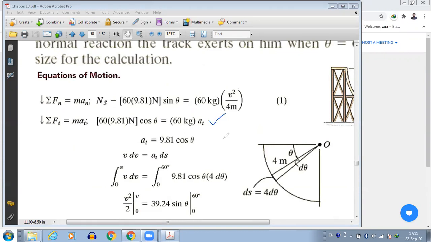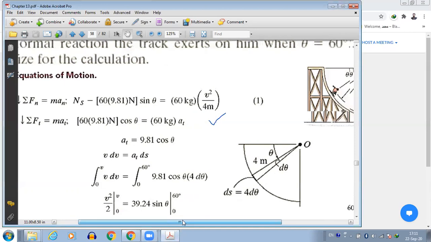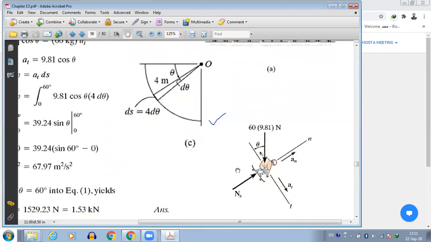Let's move ahead and see the other equation, which is in the normal direction. In the normal direction, we have two forces: N_s and a component of the weight in the normal direction. N_s will be in the positive direction. And what about the component of the weight in the normal direction?